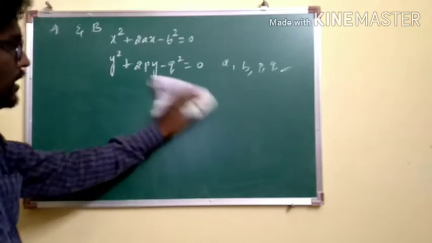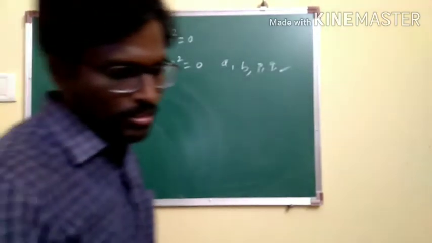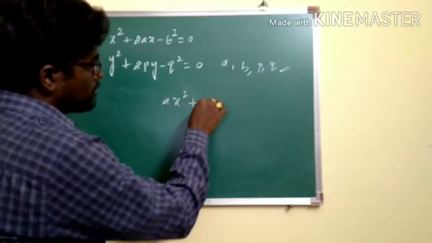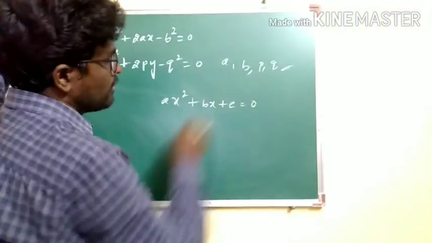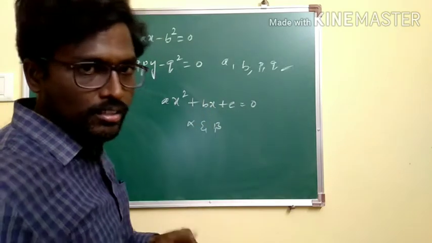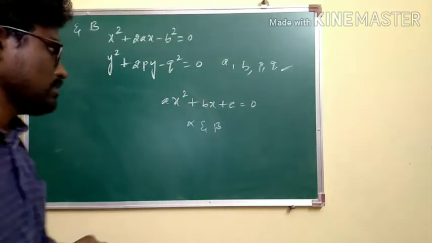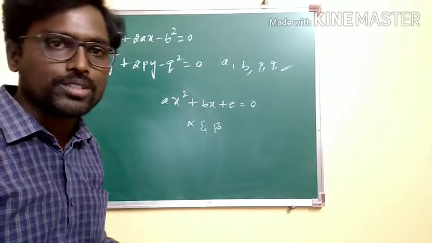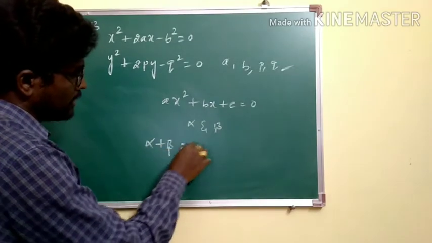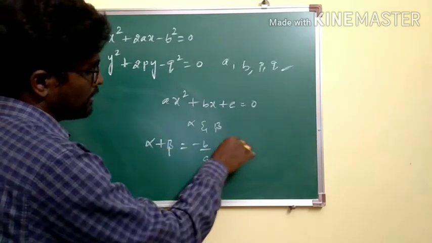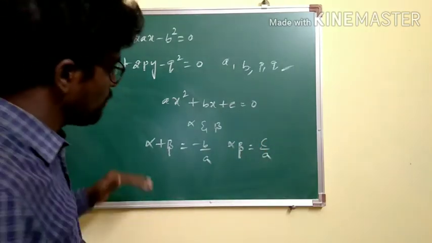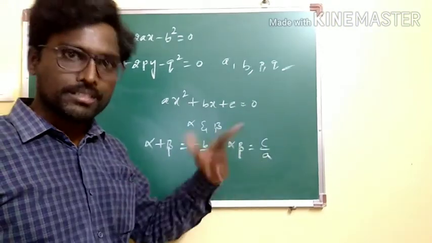You have learnt in quadratic equations, I think even in your schooling, for any quadratic equation ax square plus bx plus c is equal to 0, if it has the roots alpha and beta, because the quadratic equation can have at most 2 roots, then their sum, alpha plus beta, is given by minus b by a, and the product, alpha beta, is given by c by a. Sum of the roots is minus b by a and the product of the roots is c by a.